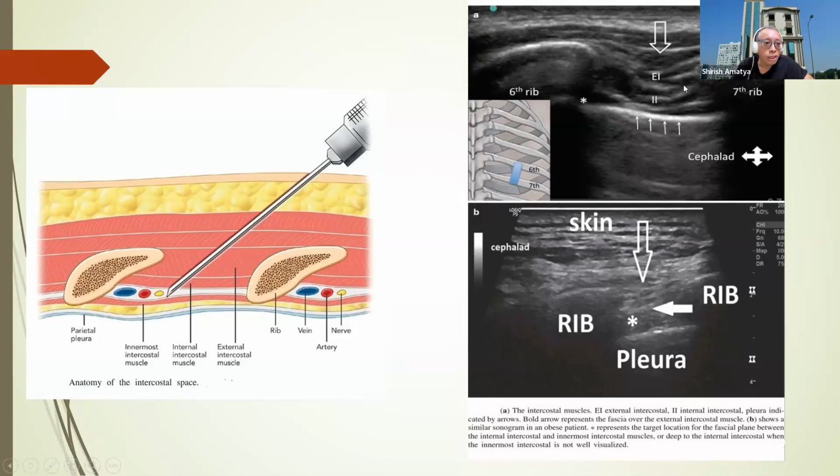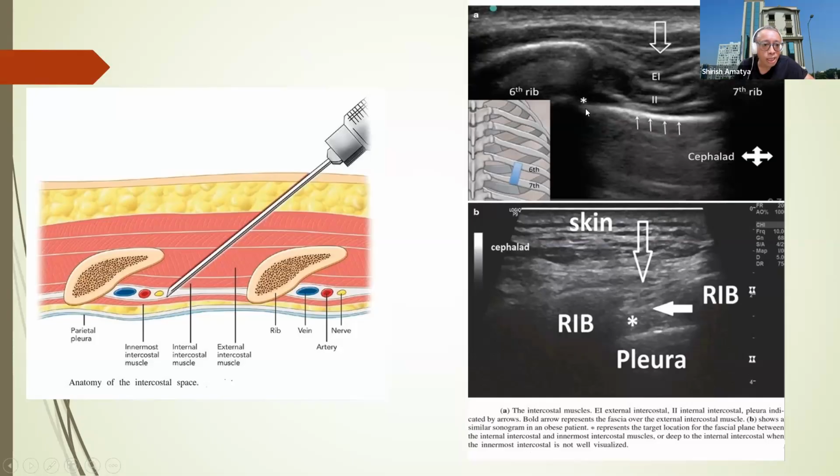Just below it is the internal intercostal muscle, and below that, near the intercostal groove, is the location of the intercostal nerve. Unfortunately, the innermost intercostal muscle is not nicely seen, but you can nicely see the hyperechoic glittering pleura. So the location of the intercostal nerve is here.